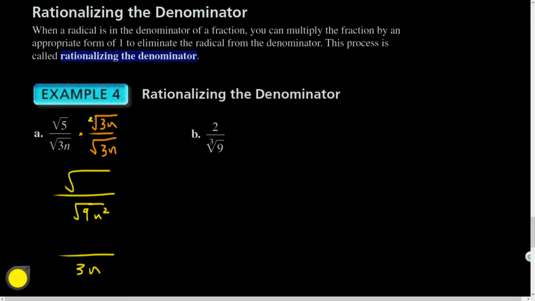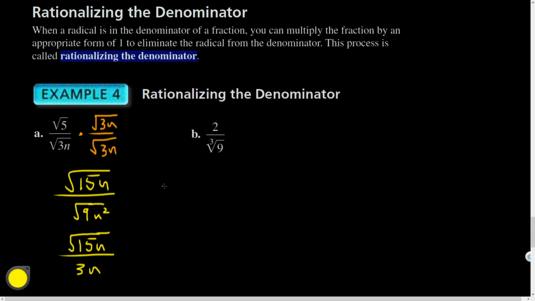Because the indices are the same, I can just combine their insides. So 5 times 3 is 15n. And is there a perfect square that goes into 15? Not that I can think of. And so the square root of 15n, like so.